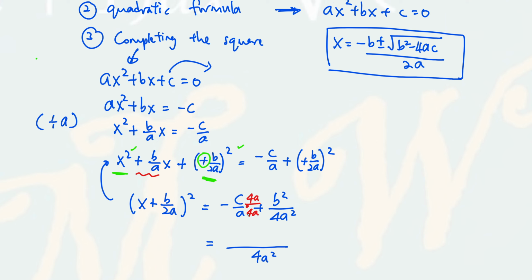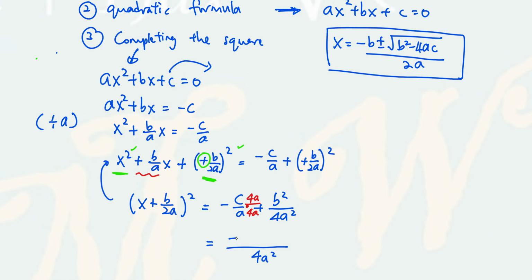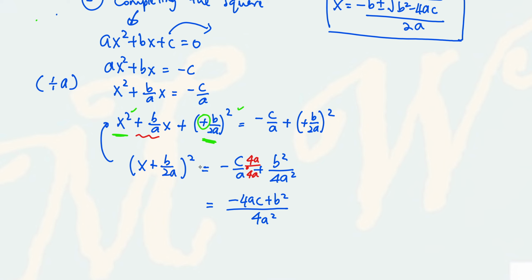Therefore the denominator becomes 4a squared, and hence your numerator is going to be minus 4ac plus b squared. Okay, and then next is going to move this square to the right side. When we move it to the right side, it's going to be plus minus square root of the terms on the right side.